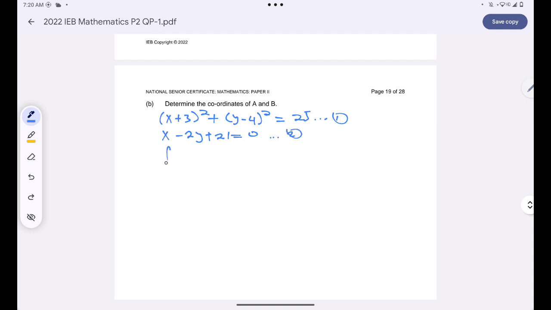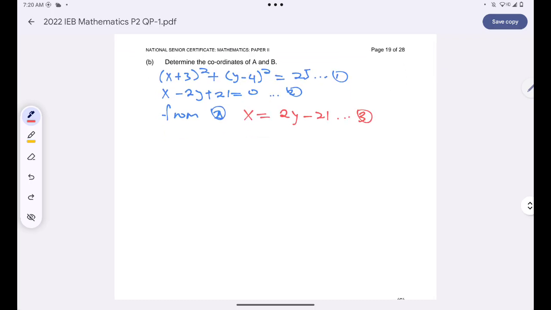You can simply say from equation 2, you can isolate x there. x is equal to 2y minus 21. By doing that, you are forming equation 3. Are you together?